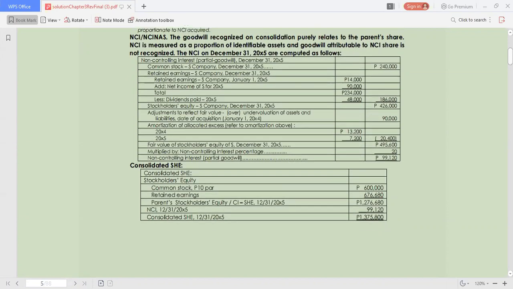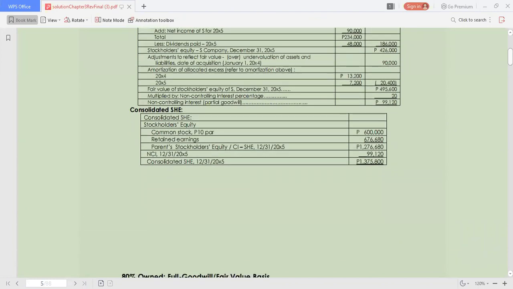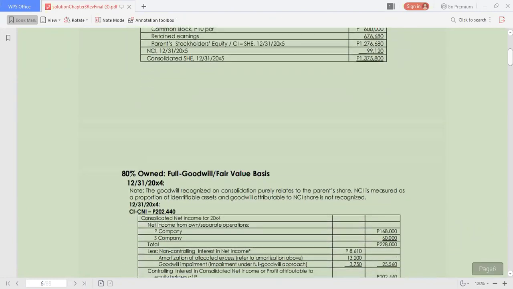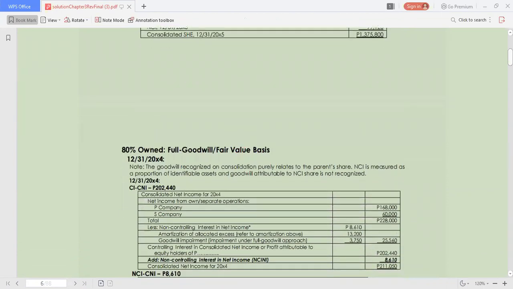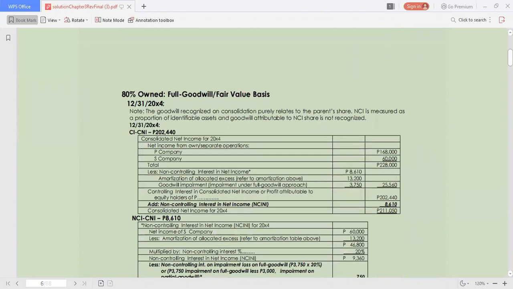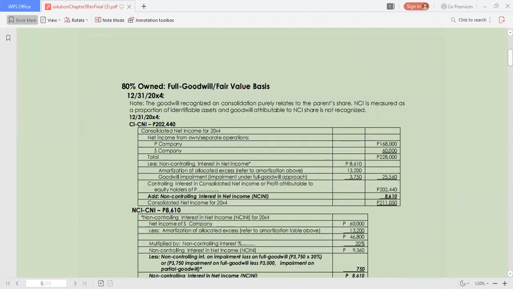We have the consolidated amount of 1,375,800. Now, the 80% owned under the full goodwill or fair value basis, the goodwill recognized on consolidation purely relates to the parent share.